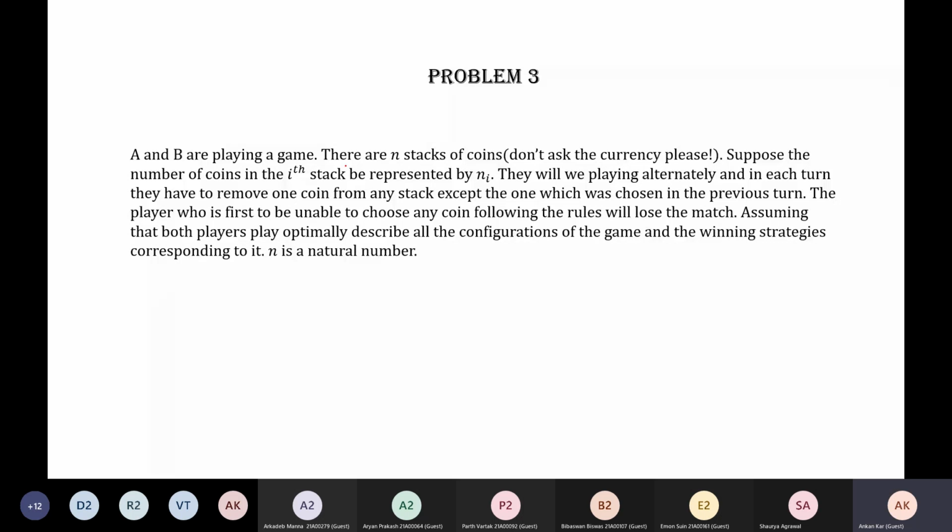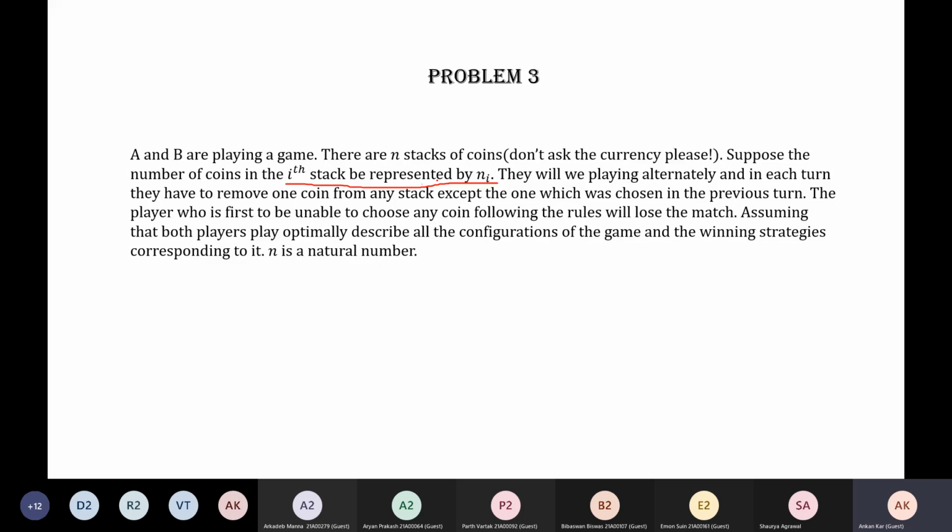This is given only as a representation for the number of coins in the stack. You don't need to bother about it.